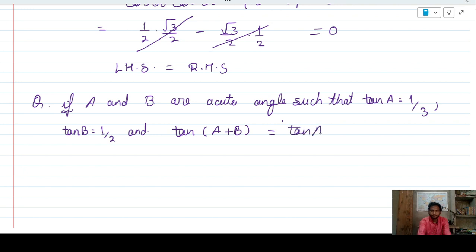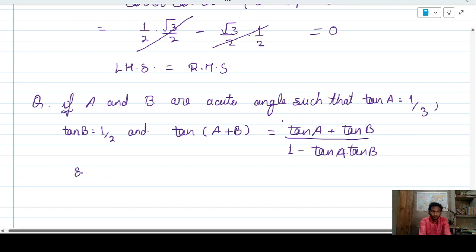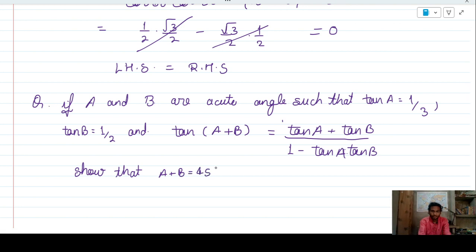tan A plus tan B upon 1 minus tan A into tan B. So that angle A plus B equals 45.